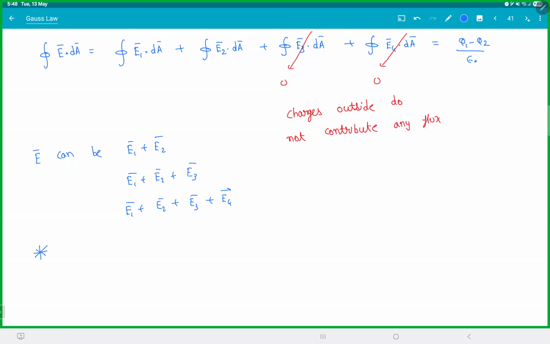So what is this Gauss law useful for technically? Gauss law's primary use is actually to find electric field. Gauss law is useful to find electric field due to symmetrical charge systems.